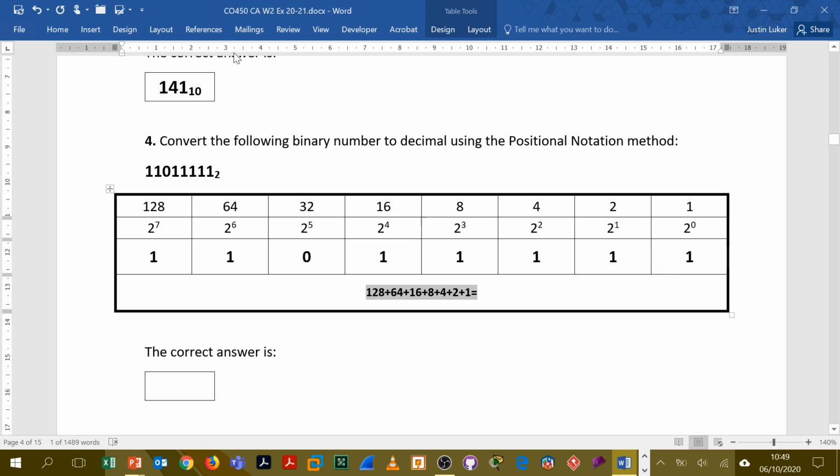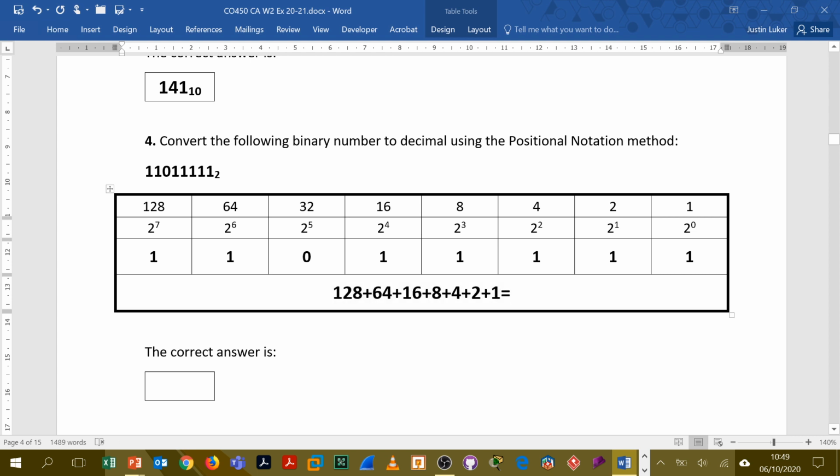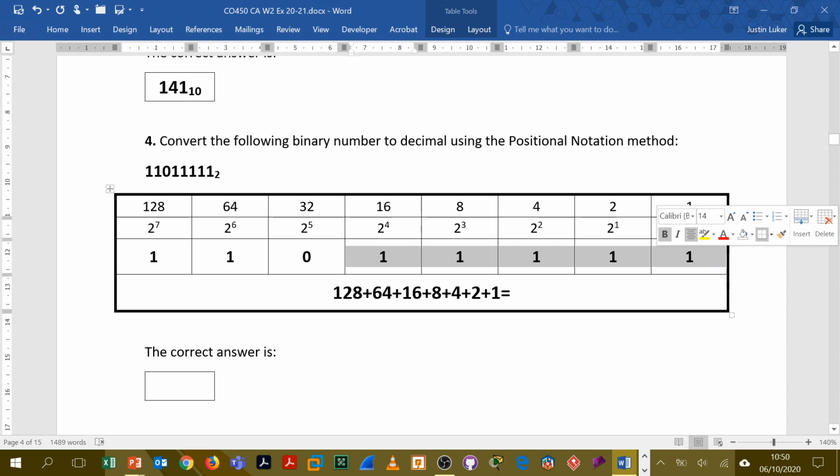So we need to add all of those together to get our conversion. Now I can tell you a little trick here. Where you have all ones in a binary number going from the far left all the way across to the right, adding those all together, I can tell straight away that it is going to add up to 31.